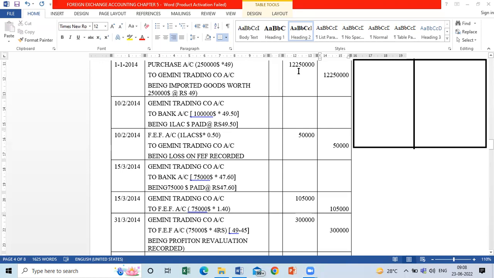I won't make the whole format, with date, particulars, journal folio, rupees, debit and credit side. I'll lightly make the account. I hope you know the format. This is my Gemini Trading Company account.